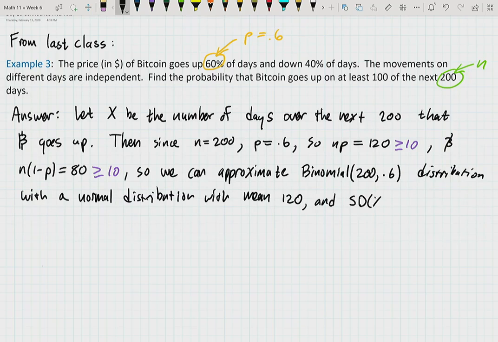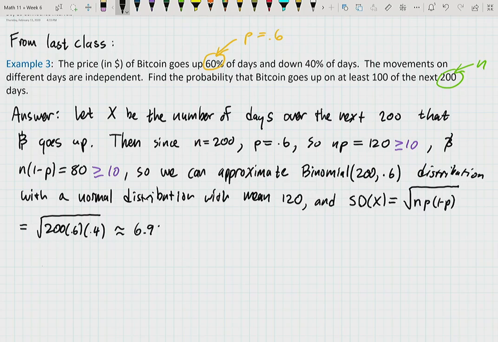And the standard deviation is, well, we had a formula for the standard deviation of the binomial distribution: the square root of np(1 minus p). So the square root of 200 times 0.6 times 0.4, which is about 6.93.